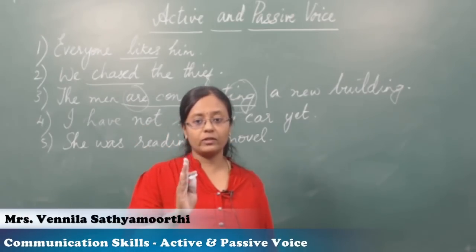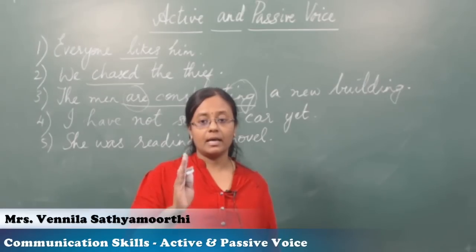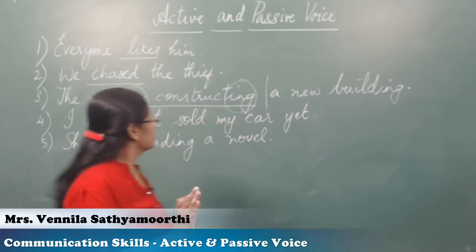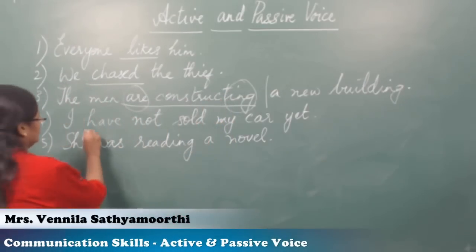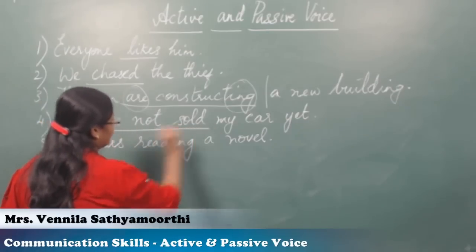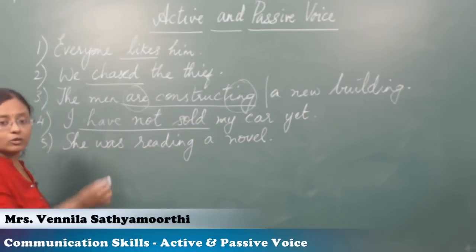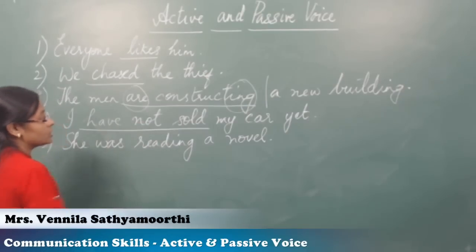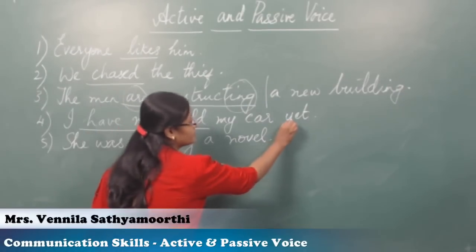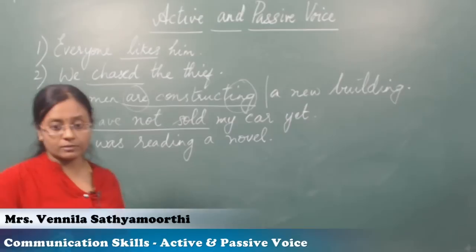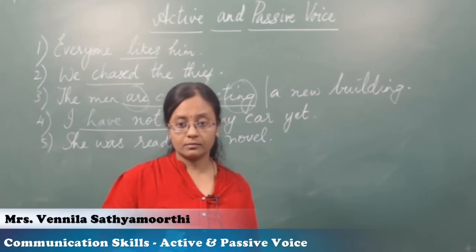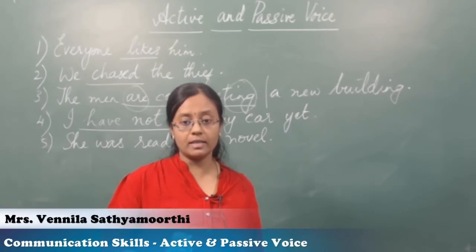You can stop with "sold". My car has not yet been sold. Present perfect tense, and it's a negative sentence, "not", so your answer should also contain "not", and place the "yet" in the proper position.